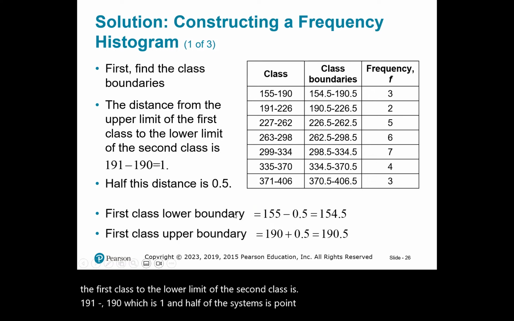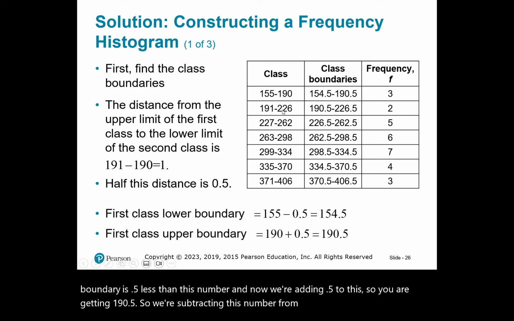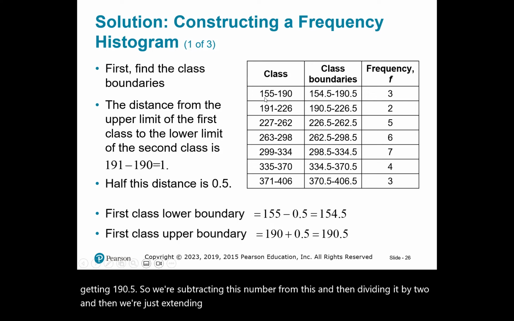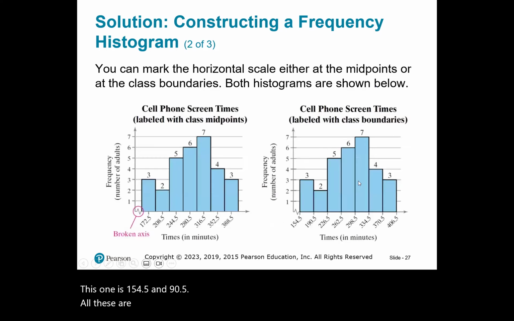Therefore, the first class lower boundary is 0.5 less than this number, and then we're adding 0.5 to this, so you are getting 190.5. So we're subtracting this number from this, and then dividing it by 2, and then we're just expanding the class boundaries. This one is 154.5, 190.5. All these are expanded class boundaries.